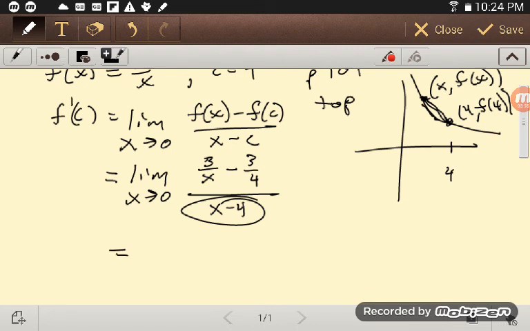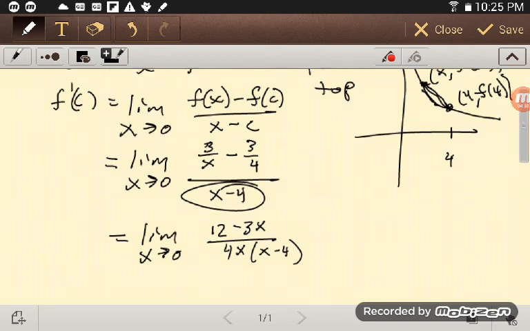So, common denominator. This is the limit as x goes to 0. Multiply this first one by 4 over 4, so I'll get 12, and then minus 3x, all over 4x, and then times x minus 4, because I invert and multiply. Notice this 12 minus 3x, if I factor out a 3, I'm left with 4 minus x.